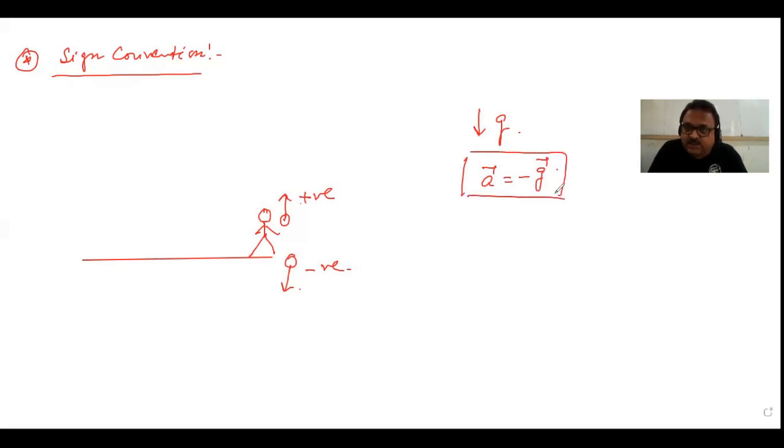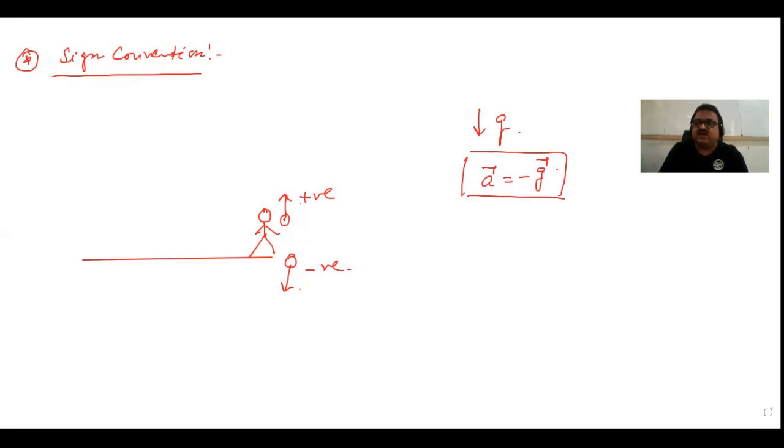Whether you throw the ball in upward direction or downward direction, the sign of g is always negative, correct? It is never positive, correct? Now, let's start showing some important conceptions related to this. After teaching each and every conception, I will show some beautiful applications of those conceptions, correct?